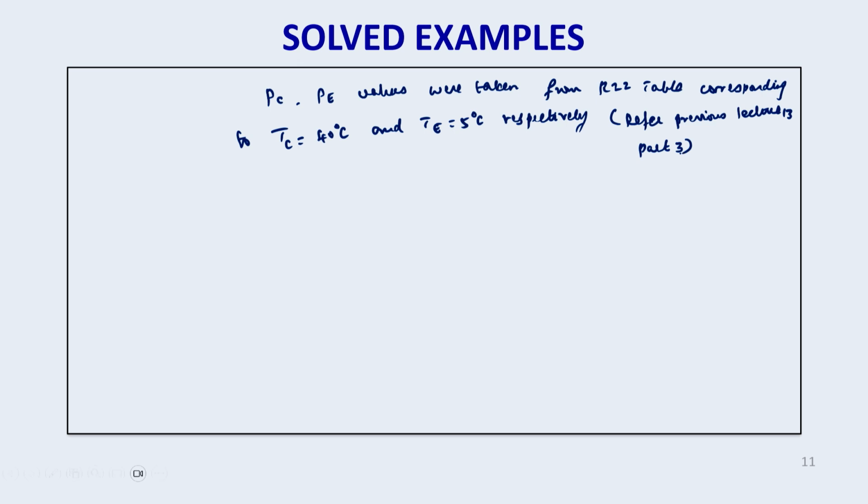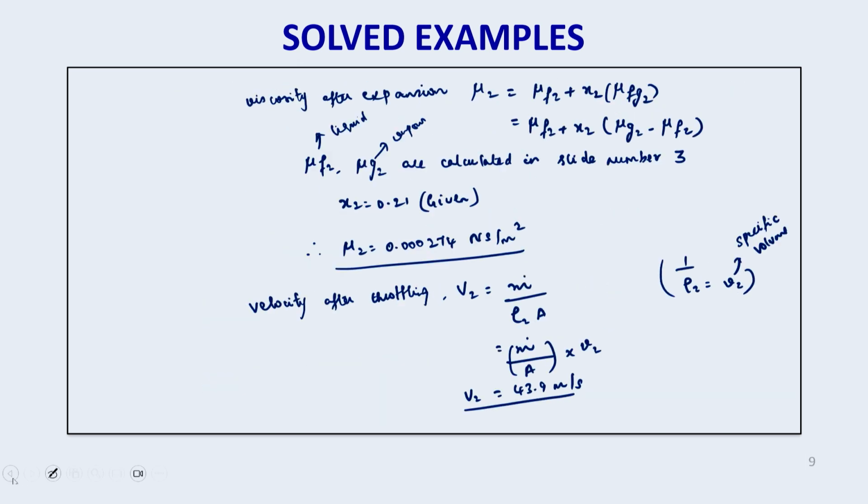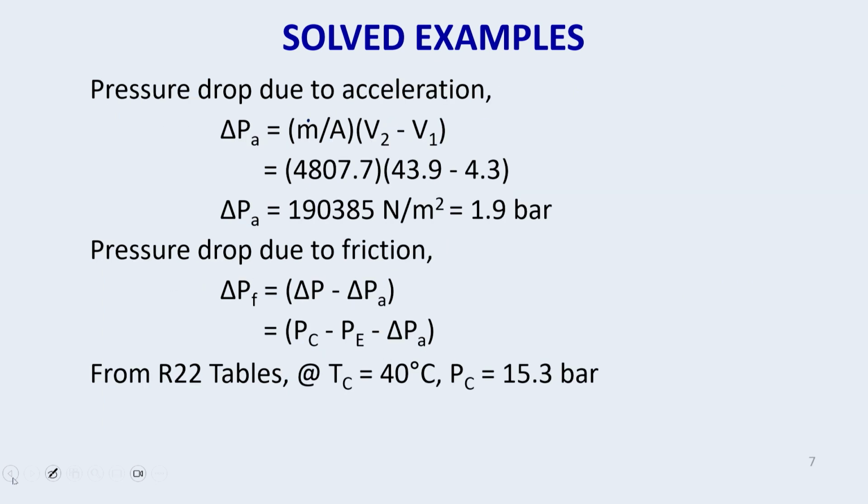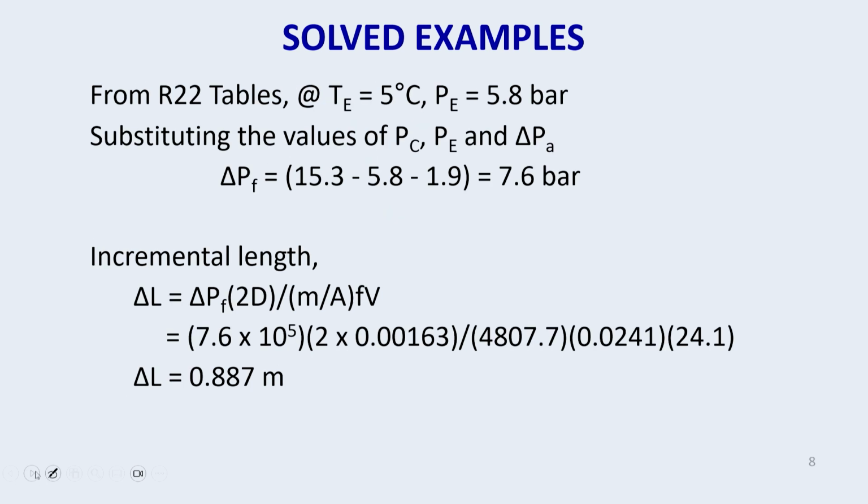So here I will be directly substituting the values. Therefore the frictional pressure drop is equal to condenser pressure, I think it is around 15.8. Anyway, for your reference, learners, these are the values I have taken: condenser pressure 15.3 bar and evaporator pressure 5.8 bar.